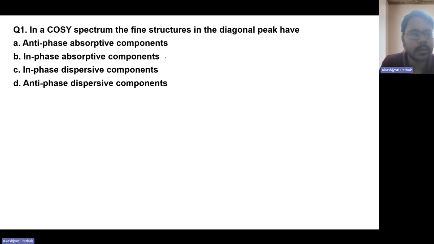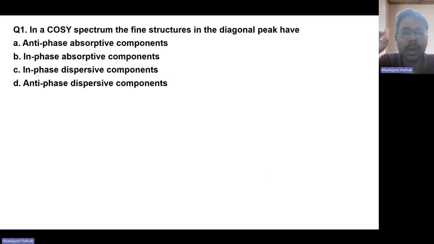Based on this concept, try to answer this question. In a COSY spectrum, the fine structures in the diagonal peak have: anti-phase absorptive components, in-phase absorptive components, in-phase dispersive components, or anti-phase dispersive components. Just now we discussed how the fine structures in the diagonal peak look.